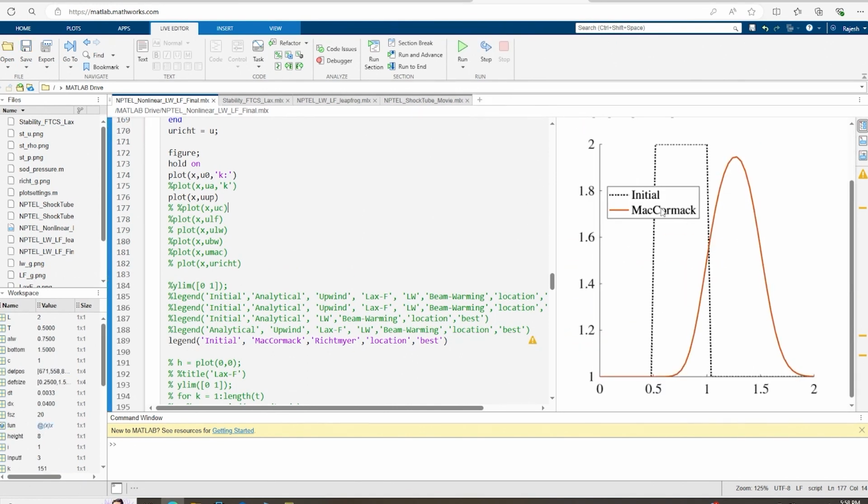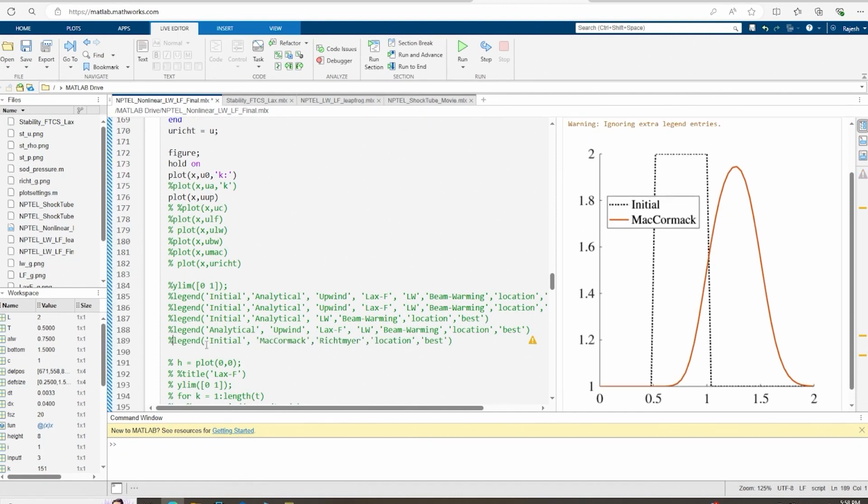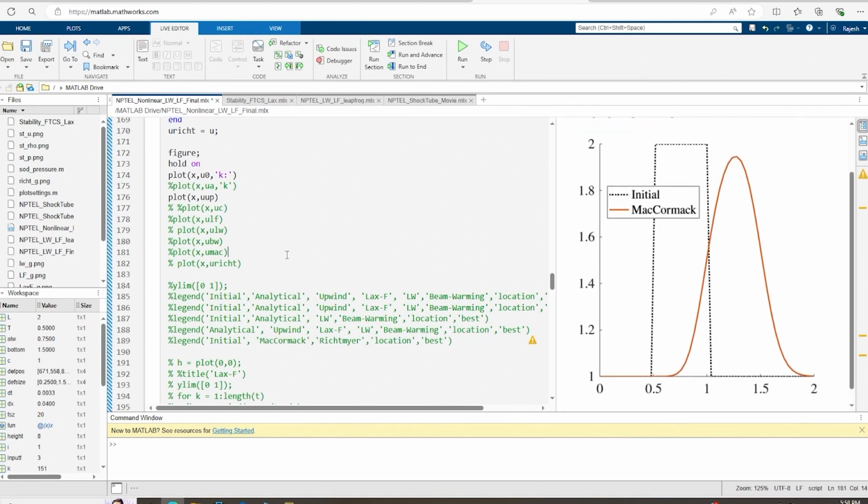As expected, this is not McCormack. Let me change the legend here. This is an upwind scheme, and the behavior is the same as the linear convection equation that we saw earlier. You can use many different schemes, and they will all probably give you similar solutions.